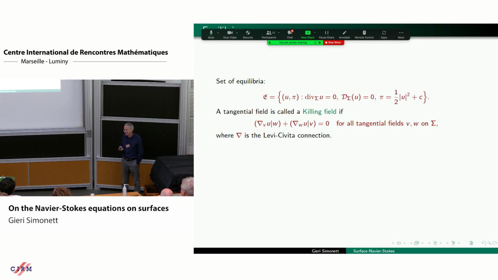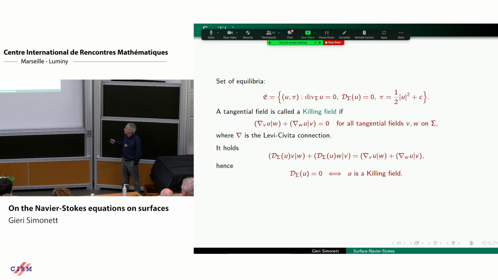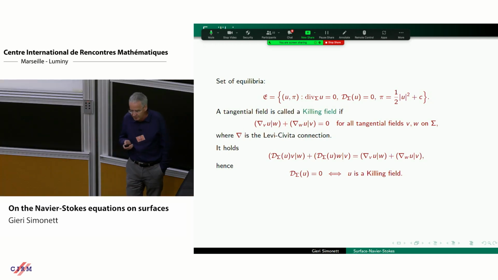It's not that these fields do something bad to the geometry. So in case the deformation tensor vanishes, meaning we are at an equilibrium, we are dealing with a Killing field on a surface. Now you can go back and see what people in differential geometry know about Killing fields.